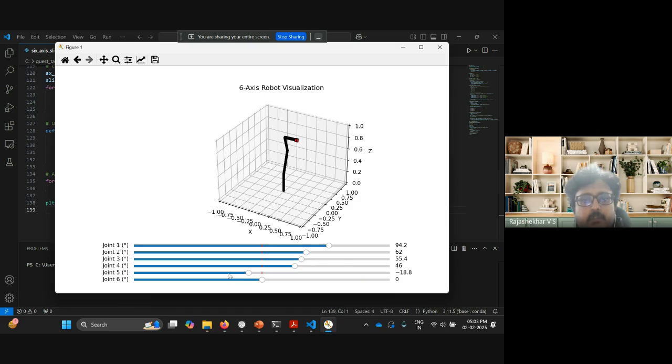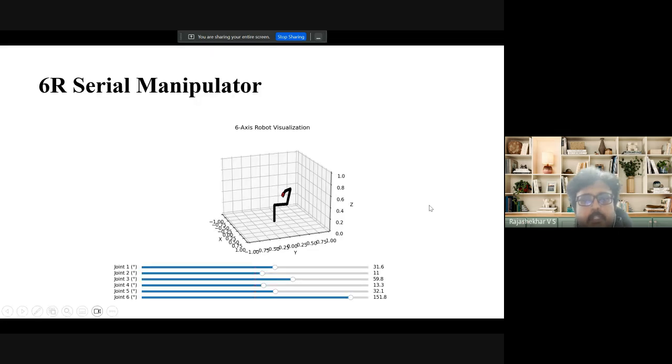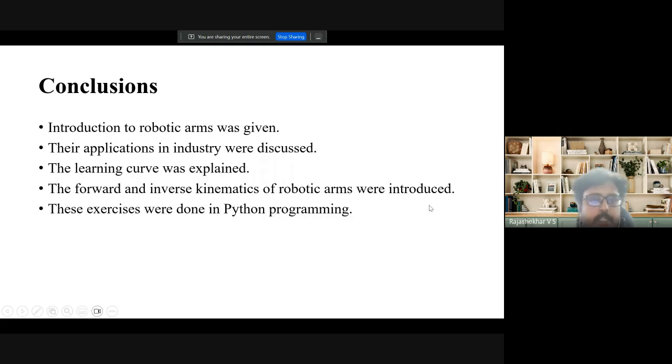Fourth link. And the fifth link. So you can try running this code on your own. And we're almost at the end.